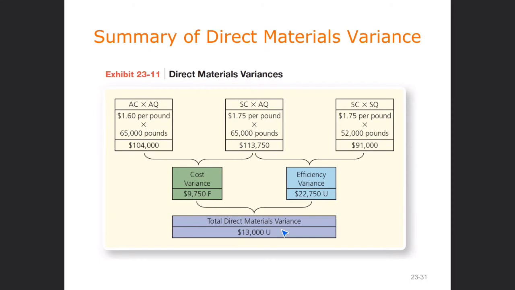So to get our total direct materials variance, it's going to be the difference between the cost variance and the efficiency variance. The efficiency variance is higher, unfavorable, so it's going to be an unfavorable variance. The difference between these two is 13,000, and this one is higher, so it's unfavorable.